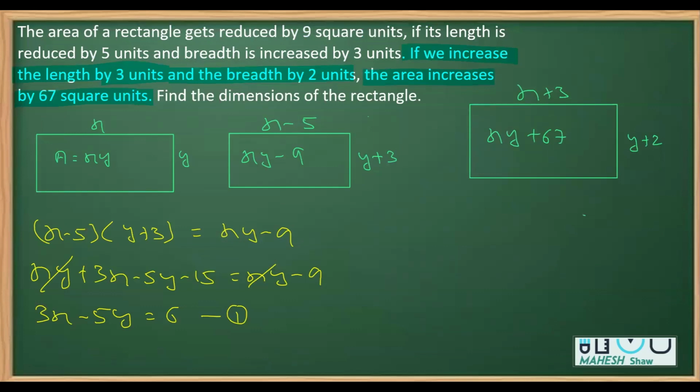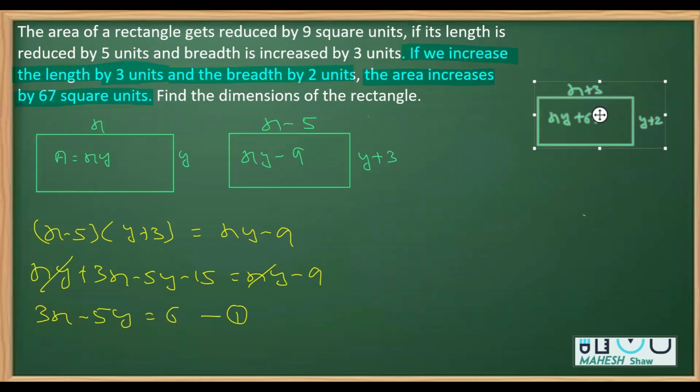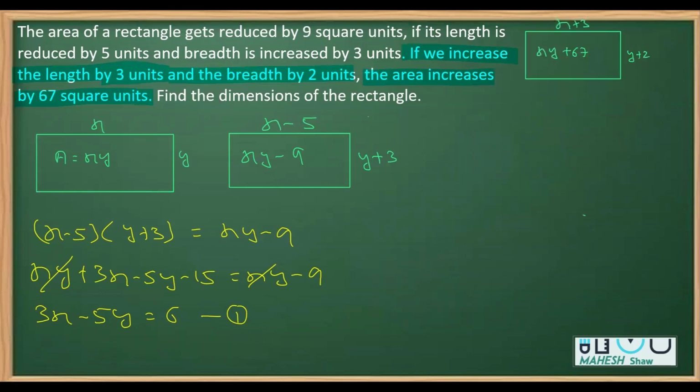So we can now frame a new equation using this. The new length is x plus 3 and the new width is y plus 2, and the new area is length into breadth.